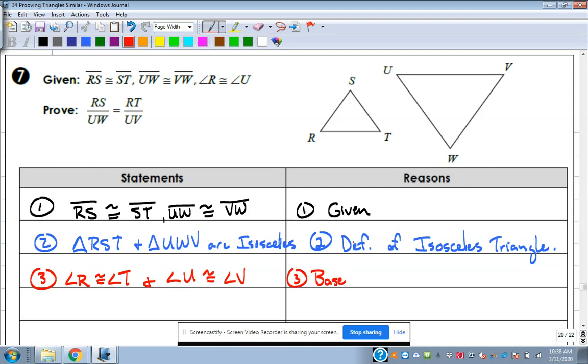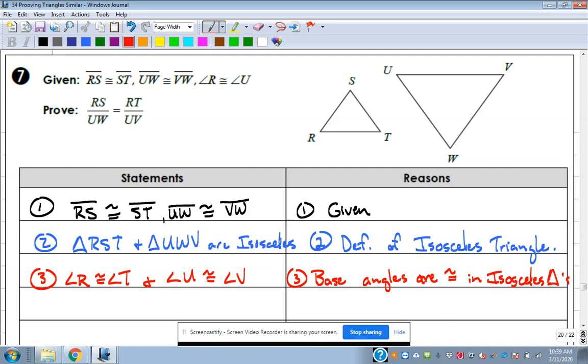We just know that because they're isosceles, base angles are congruent in isosceles triangles. It's just one of those properties of isosceles triangles, so it's just writing that statement out. There are different ways to say that. The key that I'm going by here says base angles in isosceles triangles are congruent. I just wrote it the other way.